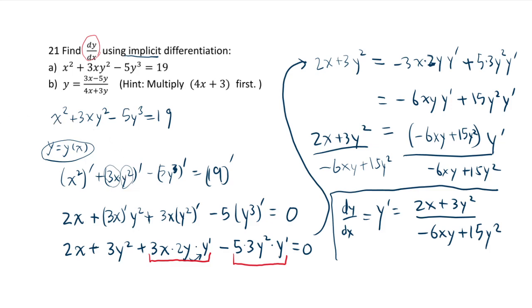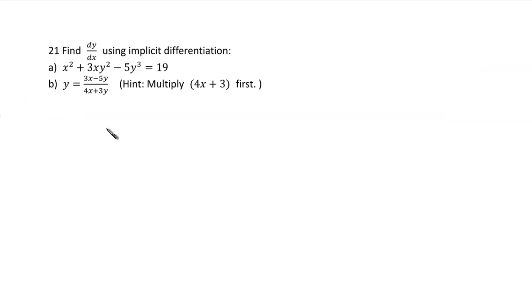All right, let's try to do the same thing for the second one. y is 3x minus 5y over 4x plus 3y. You could differentiate both sides as it is, but that's going to give you a quotient rule, and I hate quotient rule. So one nice thing about dealing with an equation rather than a function definition is that since you have an equal sign, you can just multiply the denominators both sides to get rid of the denominators.